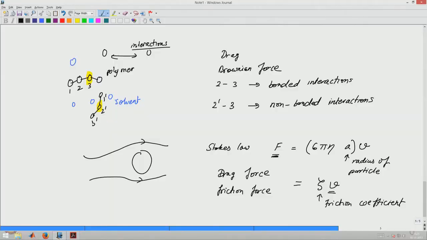but we also have a situation where, let us say in this case, bead 1 moves. Because of this, the solvent surrounding 1 will also move, and because this solvent is moving, it will also interact with the solvent surrounding 3 prime. So, 1 and 3 prime will interact through what is called hydrodynamic interactions.